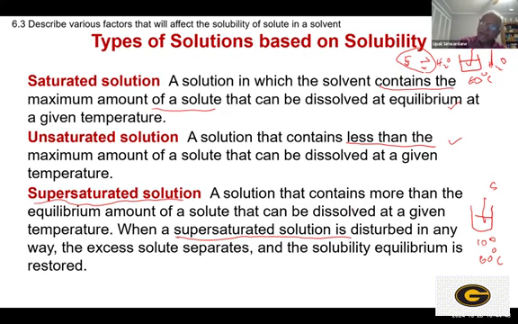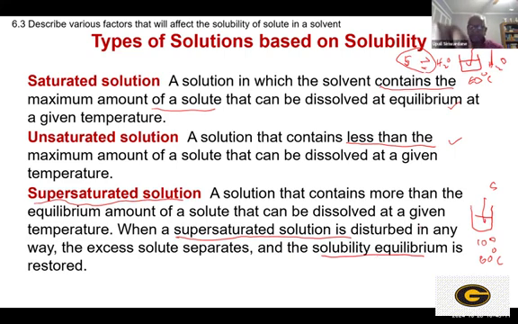This is a metastable, temporary state. A supersaturated solution has more solute than a saturated solution at the same temperature.